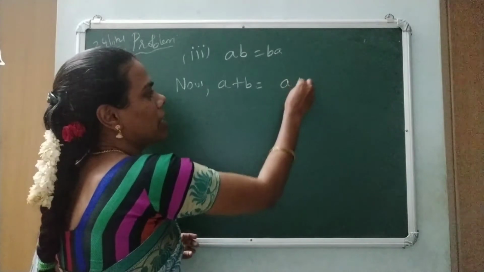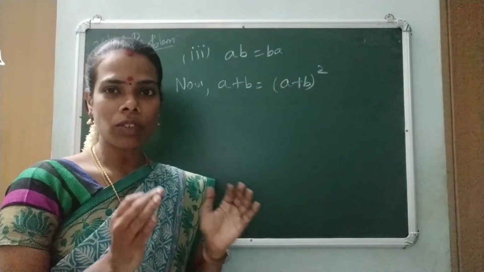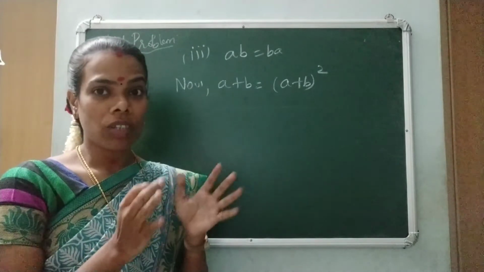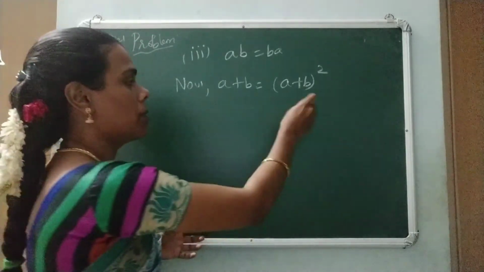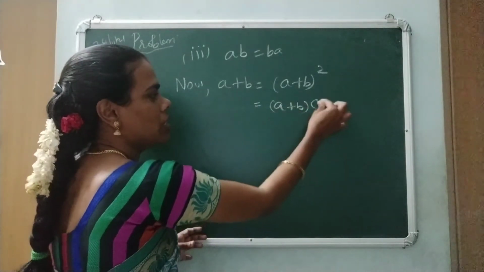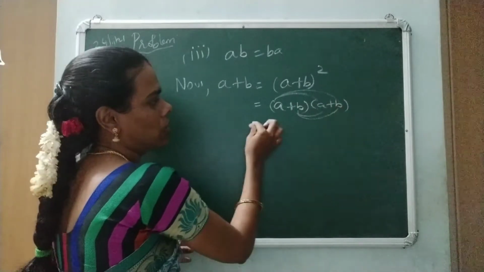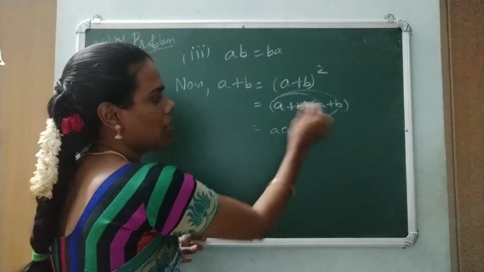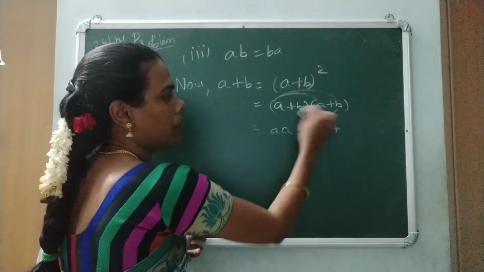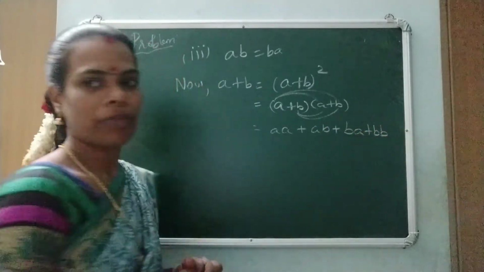So simply I can write A plus B whole square. This is similar to case 1, so go through it again, okay? So A plus B whole square. So just expand it: A plus B into A plus B. Then multiply individually. So what is that? A into A plus AB plus BA plus BB.